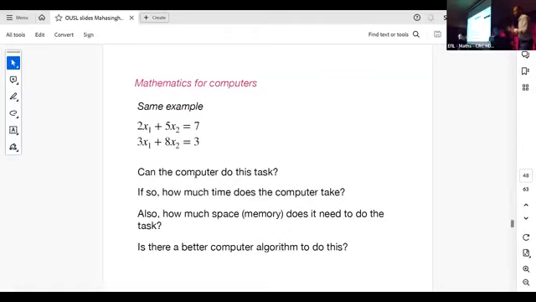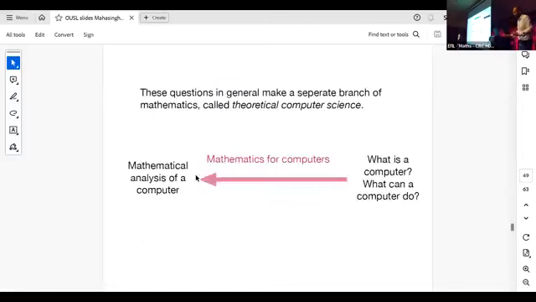This is called complexity analysis, the computational complexity: whether you can do this efficiently within a reasonable time period using a reasonable computer memory. This is very important. This is the other aspect of computer science, that is, the mathematics of computers.